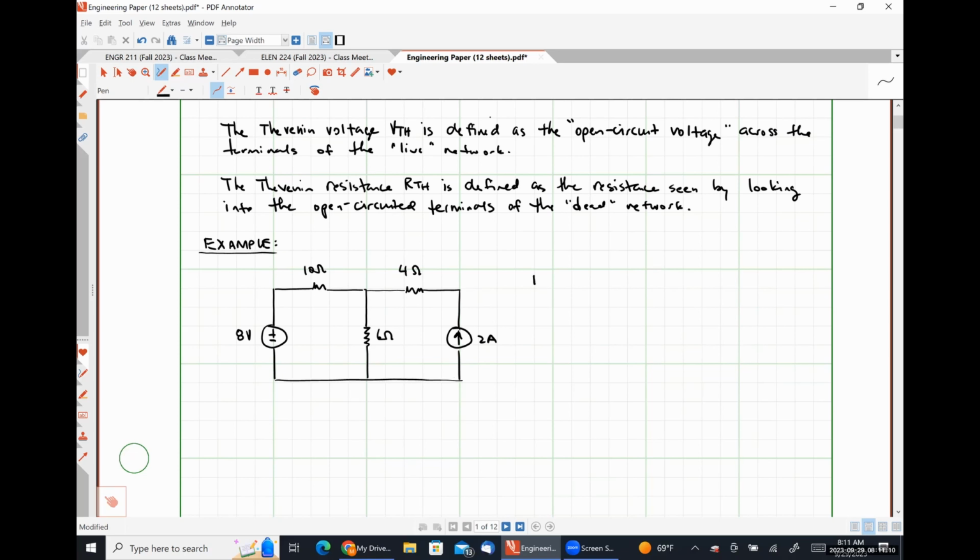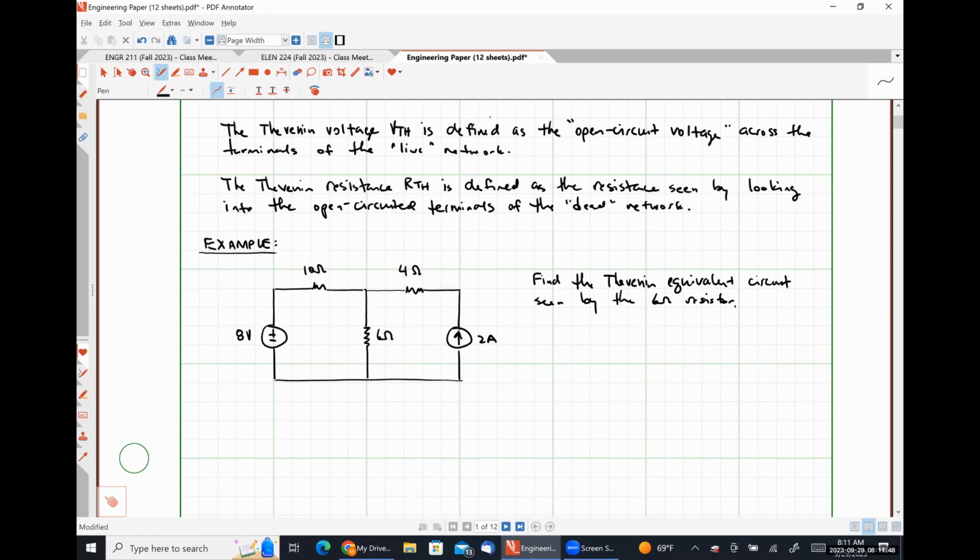And we want to find the Thevenin equivalent circuit seen by the 6-ohm resistor. So effectively, we are going to try to replace everything that isn't the 6-ohm resistor by a practical voltage source.